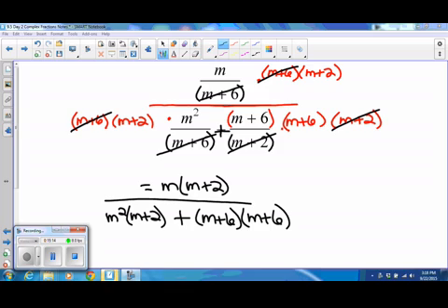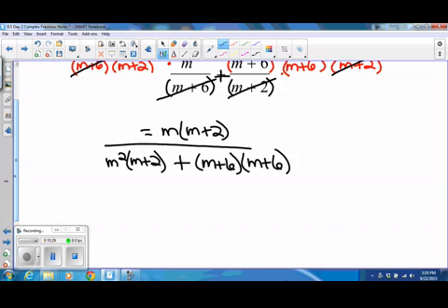Now it's a matter of distributing and combining like terms. That's all it is from here on out, is just simplifying. Distributing and combining our like terms. So, on the top, m times m is m squared plus 2m.